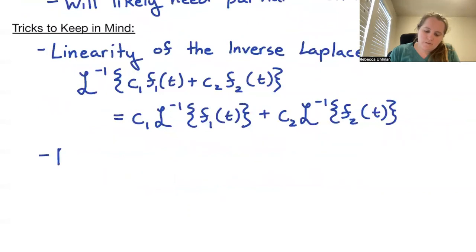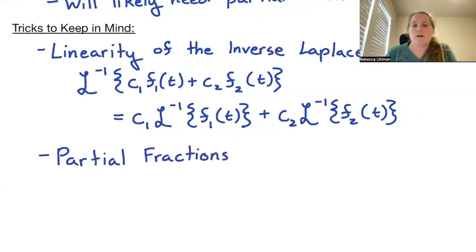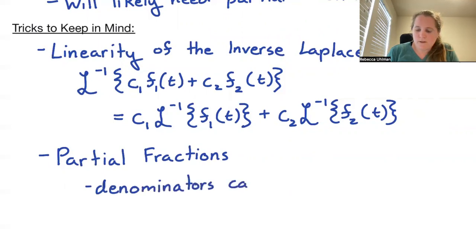Partial fractions. The only things we want in the denominator are fully factored. Essentially, the denominators can only contain one real root.